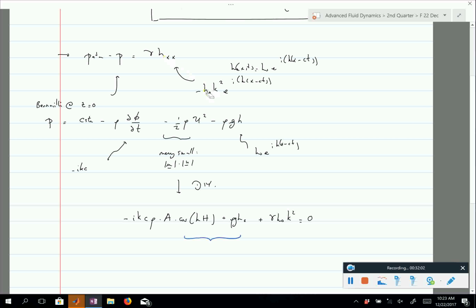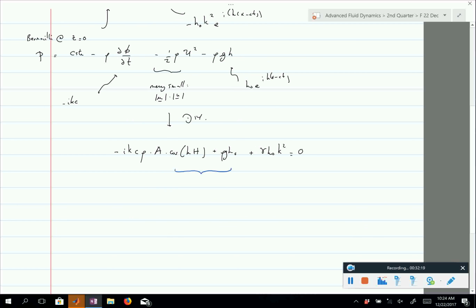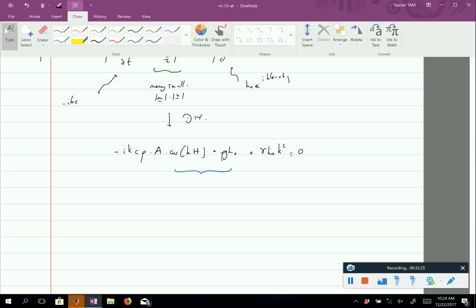This is this minus h naught k squared, so you have a gamma h naught k squared. This is that term here, and then through the pressure you have part of the unsteady term, which is this term here, and part of the gravity term, which is this term here. So just do the algebra and you'll find this. I want to end that quickly, otherwise we cannot even discuss the waves. So this is the second relationship.